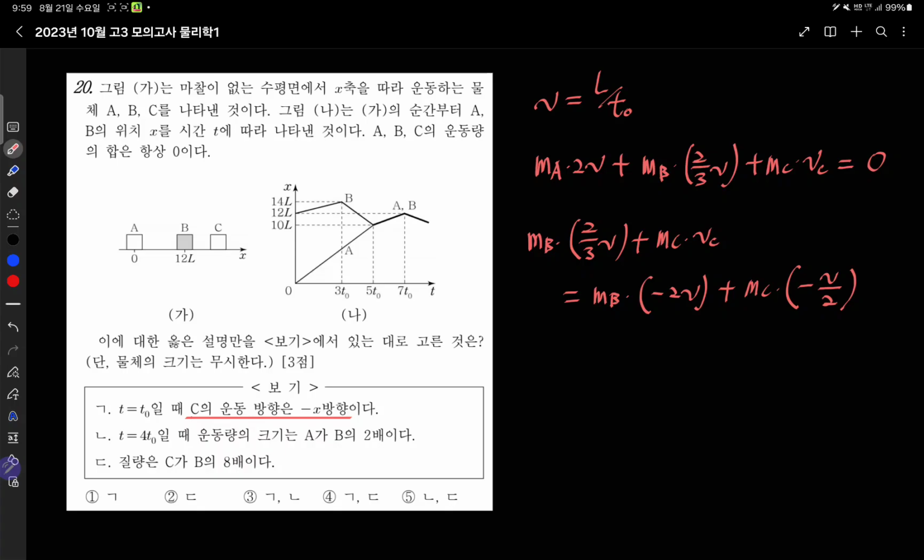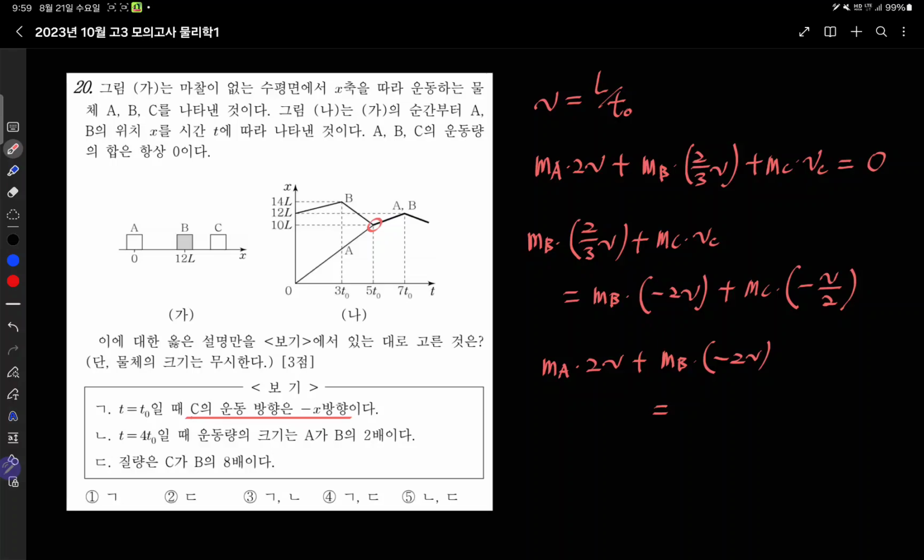And after the collision between A and B, the momentum is also conserved. So the sum of the momentum before the collision between A and B is mA times 2V, and mB times minus 2V.